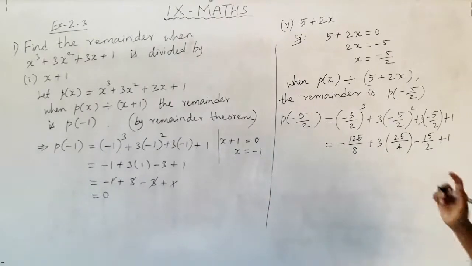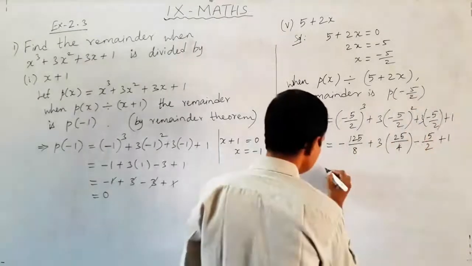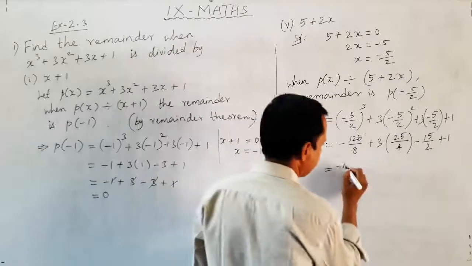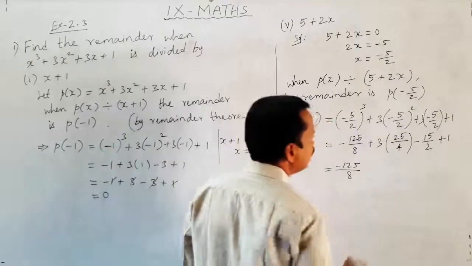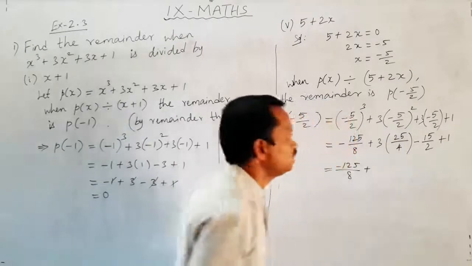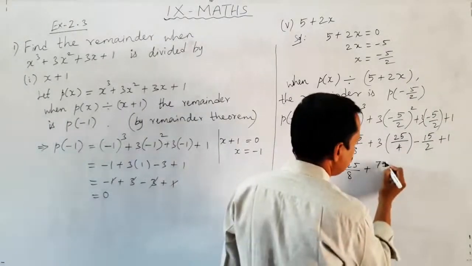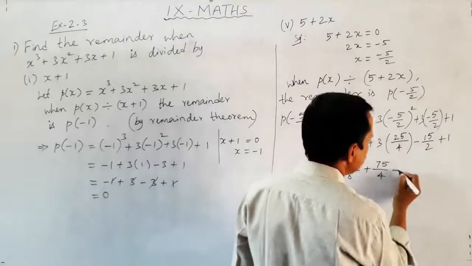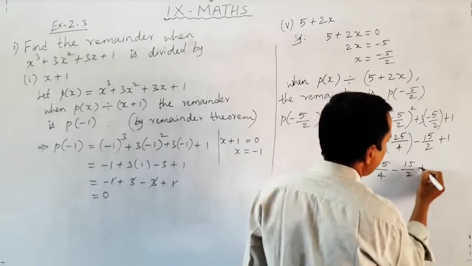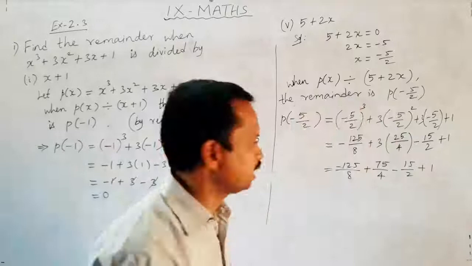Is it clear? Okay. So now minus 125 by 8, you write all those things. And then plus 3 into 25, the numerator 3 into 25 becomes 75, 75 by 4, and this is minus 15 by 2, and plus 1 is there, you write as it is.